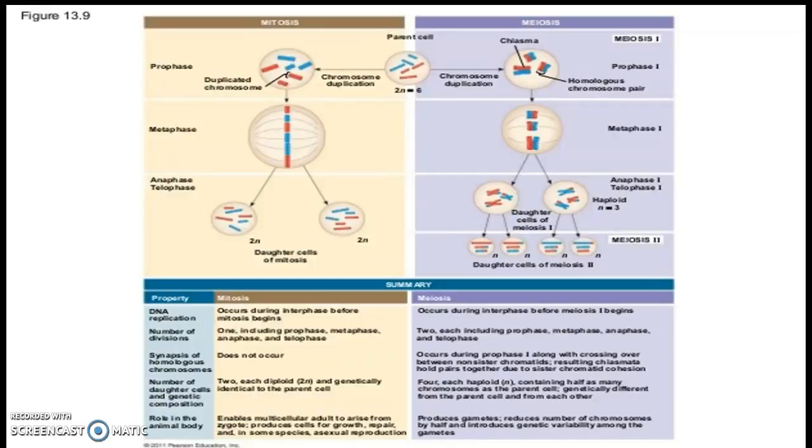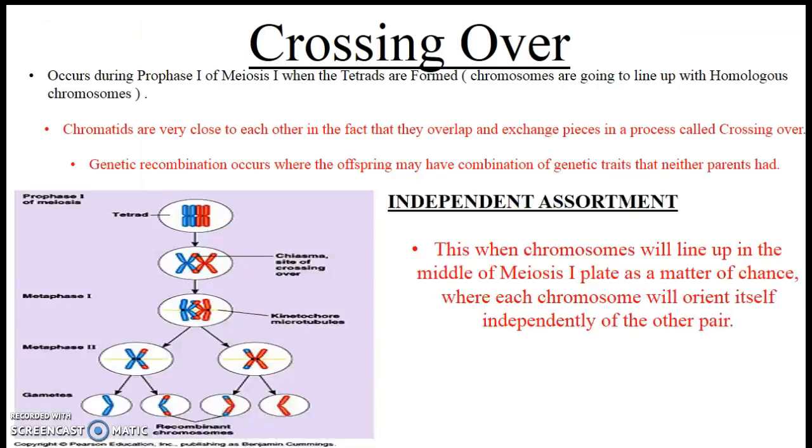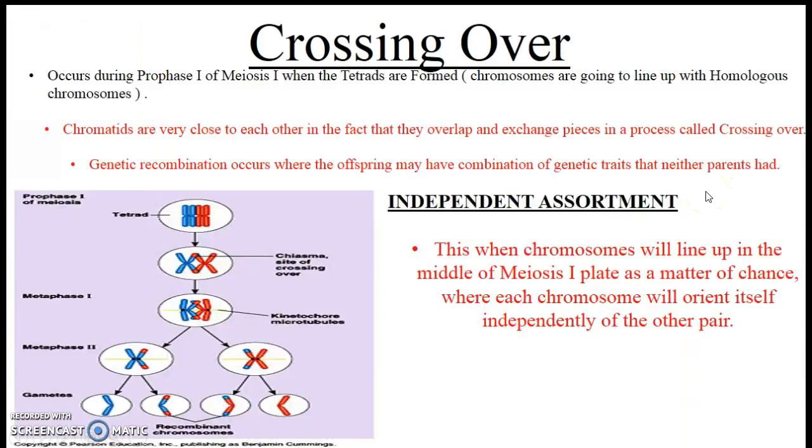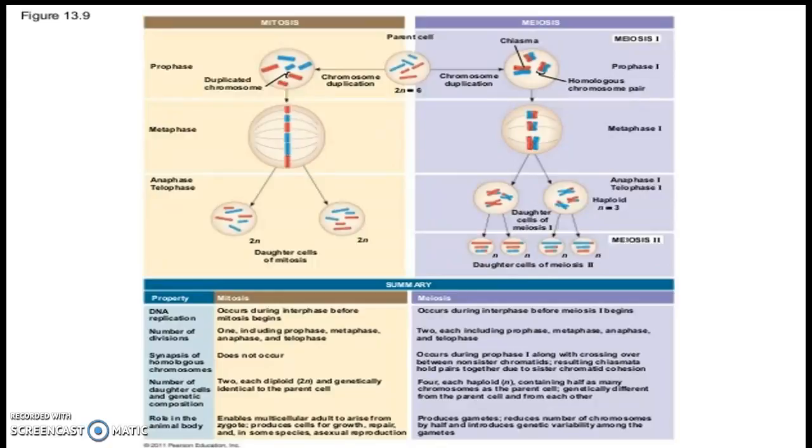Let's compare meiosis and mitosis. DNA replication occurs during the interphase before mitosis, and the same for meiosis, which occurs after interphase.